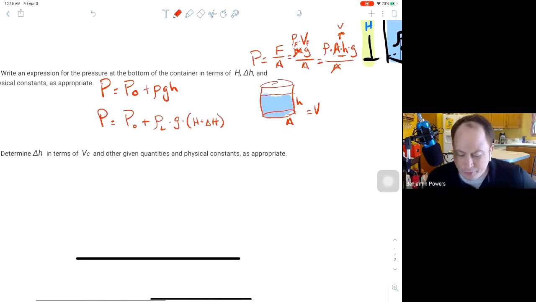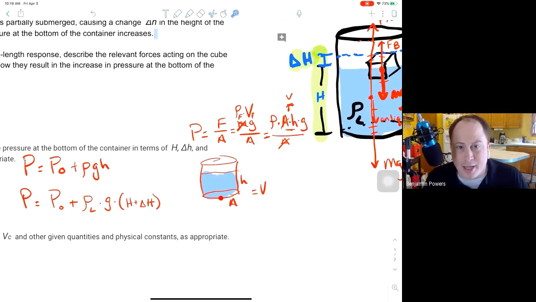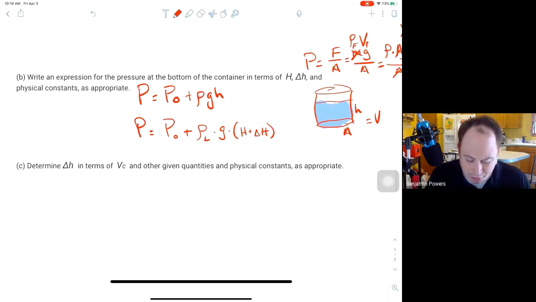There was a certain pressure that existed down at the bottom of this tank before you put that cube in. And as we said in part A, once you put that cube in, that pressure is going to go up. So there is a change in pressure at the bottom, and we work off of that principle. How do you express that change in pressure for this problem? So the first thing you can do is the change in pressure.